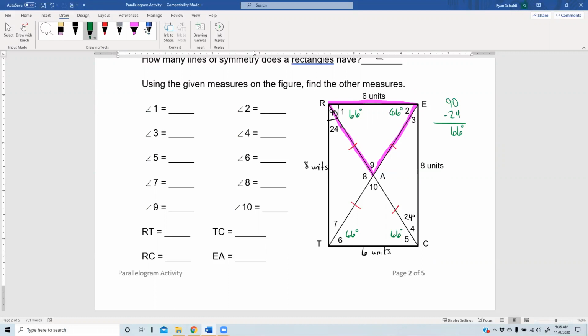Now what about angle 9 here? Looking at my pink triangle, I have 66, 66, and then I need to know this third angle. How can I get that? Add it up, subtract from 180. It's going to be 66 plus 66, which, let's see, is 132. Subtract that from 180.